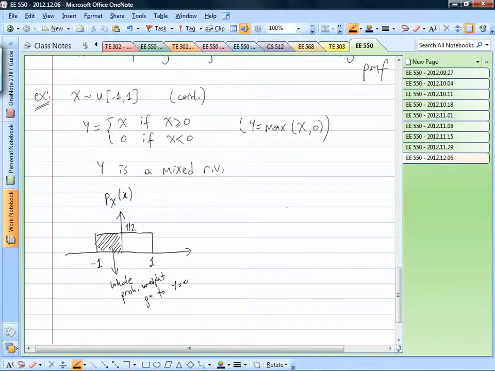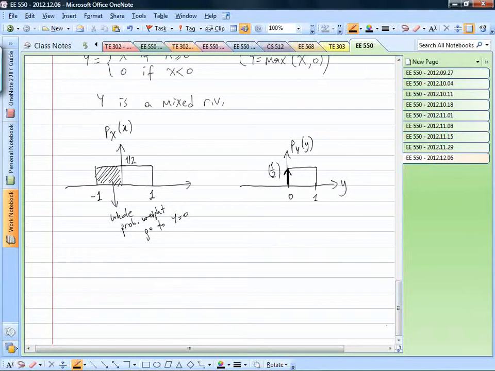So when you think about the PDF of y, it's easy to see that it's between 0 and 1, and it's exactly equal to 1 over 2, and then we get a delta function on top of this. So p sub y of y. The delta function has a weight of 1 over 2 as well, because of the area underneath x less than 0. So that's the mixed random variable y's PDF.